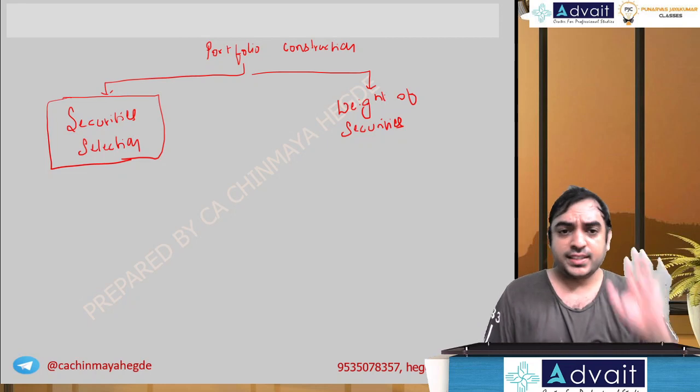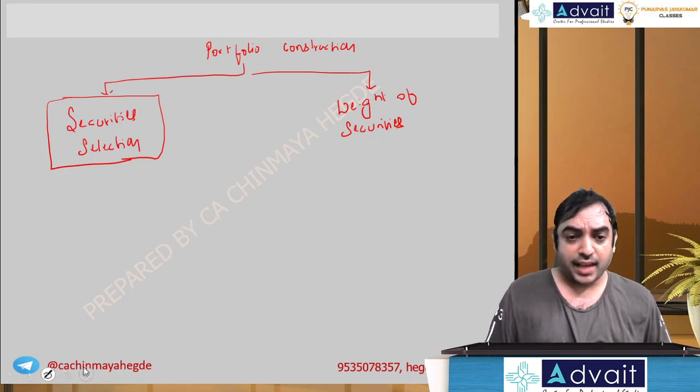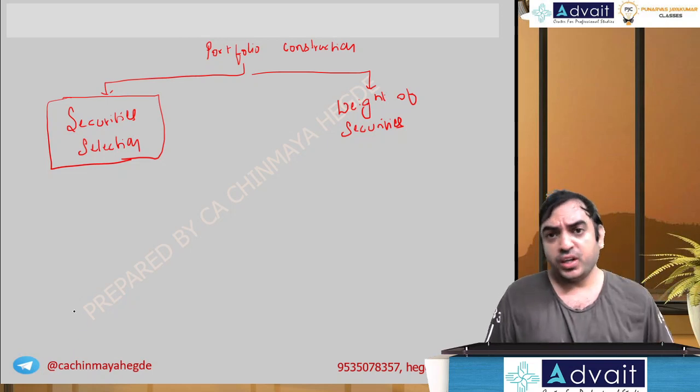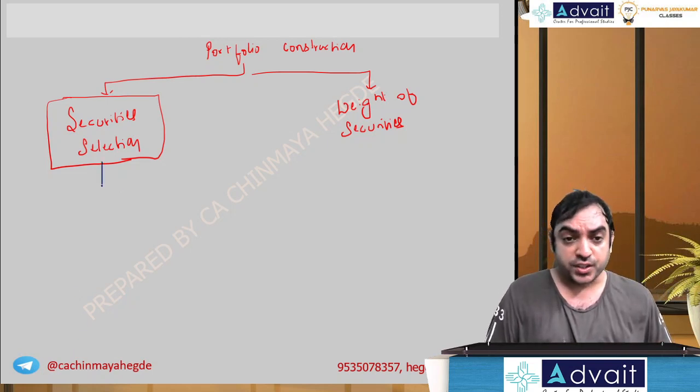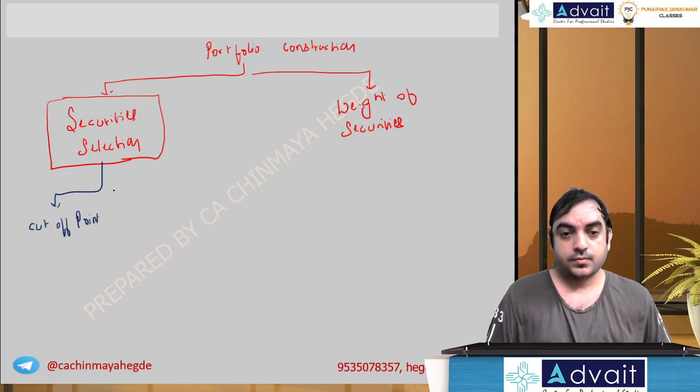He says like this. You first calculate one cutoff point. How to calculate the cutoff point? We'll discuss later. So not the cutoff point first, you first calculate the ratio. Then you calculate the cutoff point.